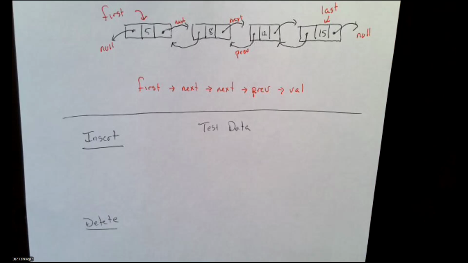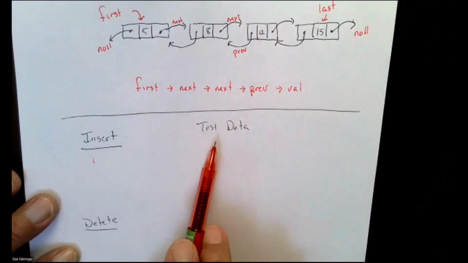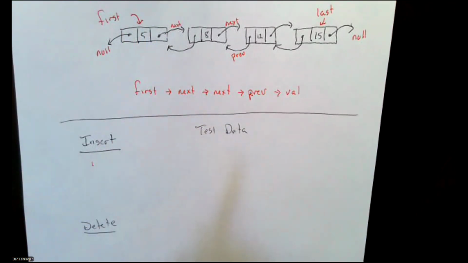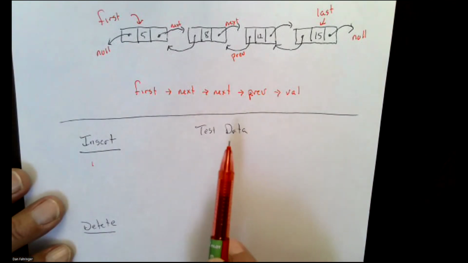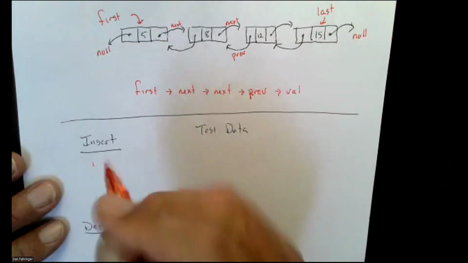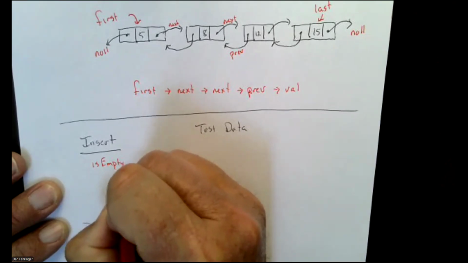No, no, no. I'm saying we're doing test values right now, not writing the whole function itself. But for right now, I need to look at this and go, first of all, is it empty? How would I handle that?